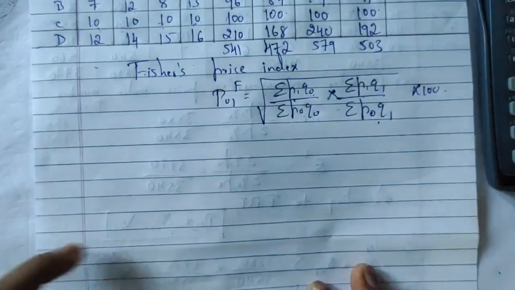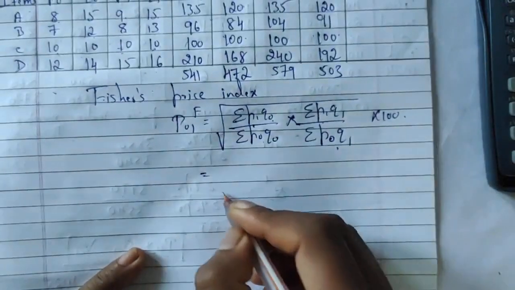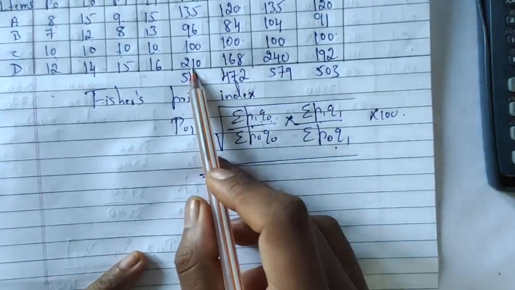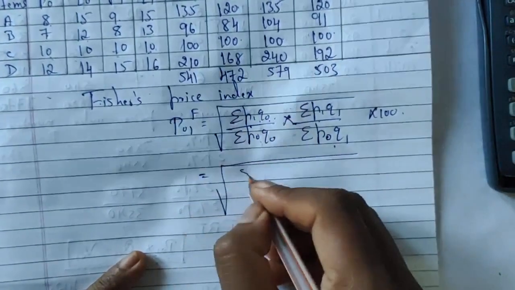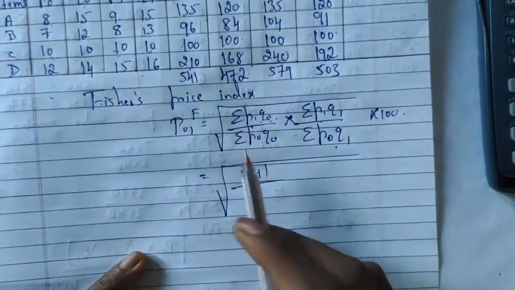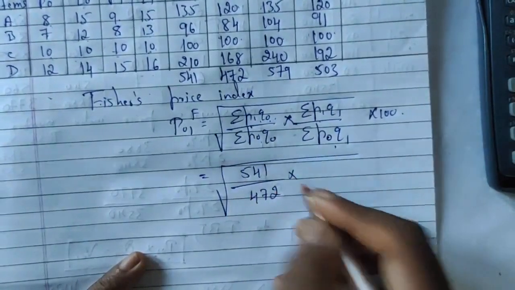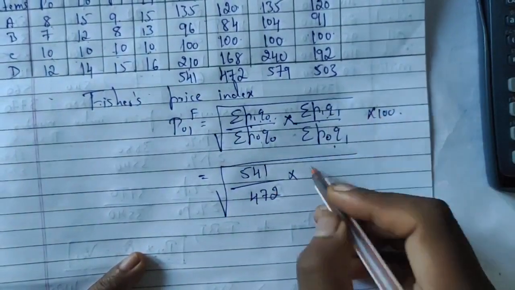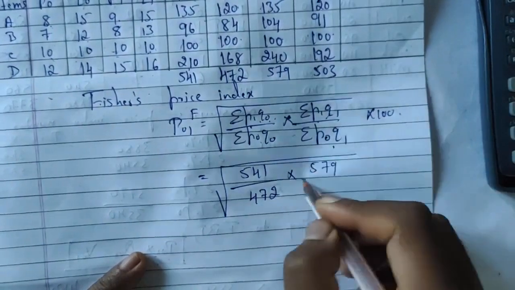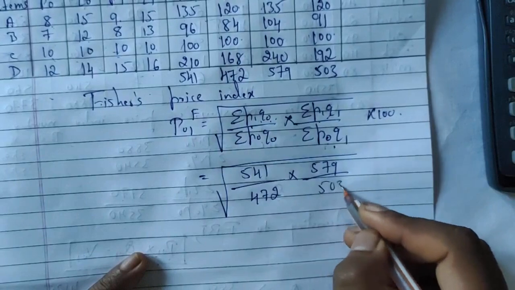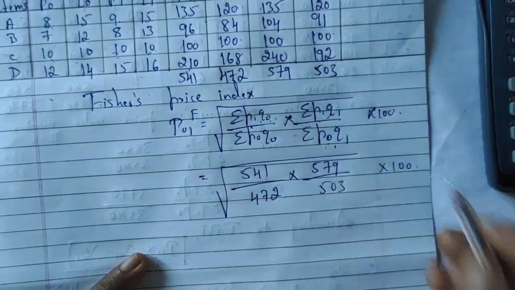Now substitute the values. Equal to square root of P1 Q0, that is 541, divided by P0 Q0, 472, into P1 Q1, 579, divided by P0 Q1, it is 503, into 100.